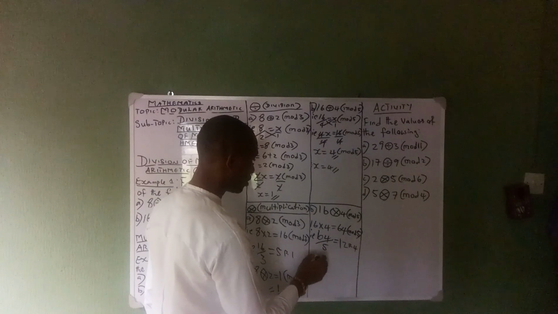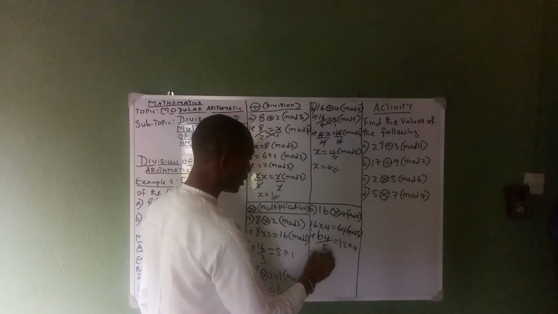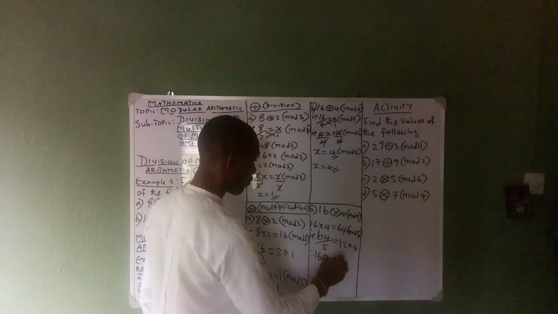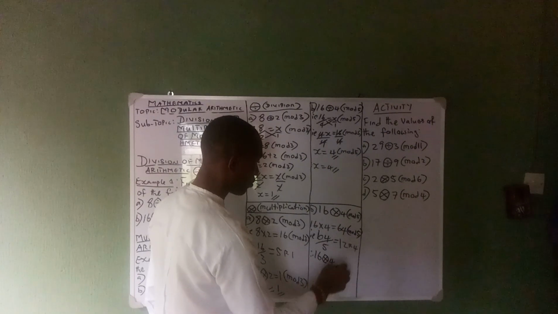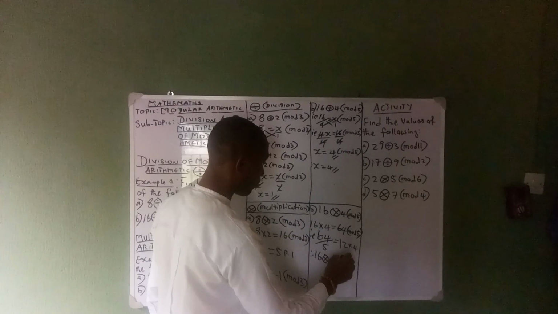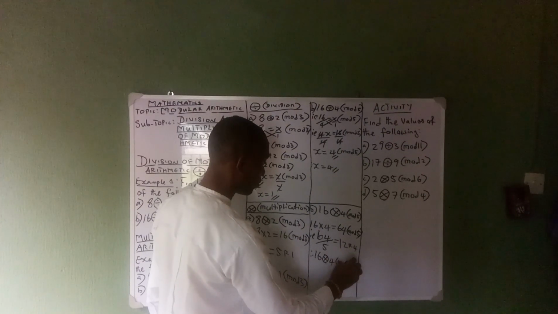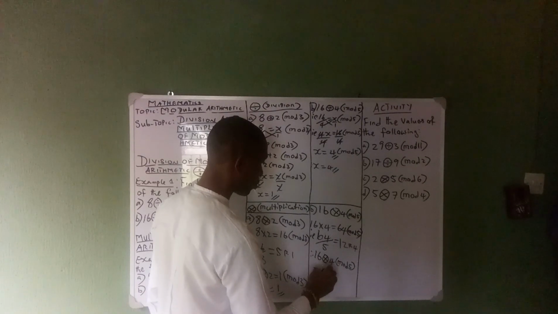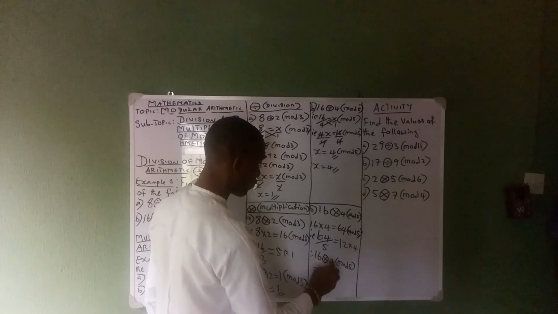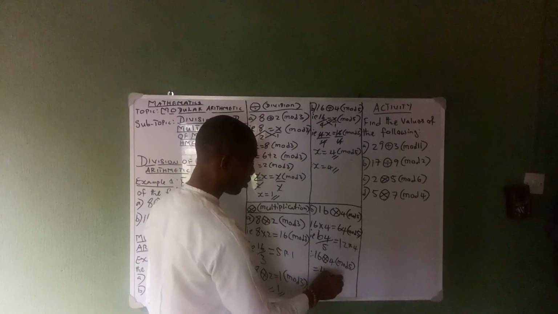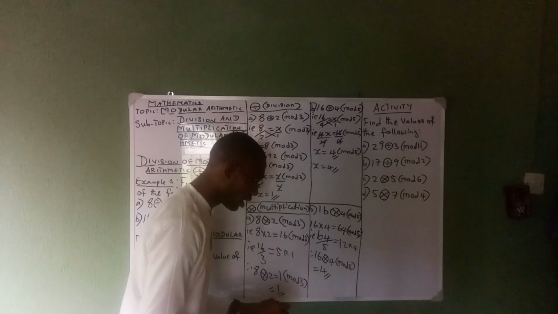So we'll say therefore 16 times 4 in mod 5 is equal to 4. So 4 is now our answer.